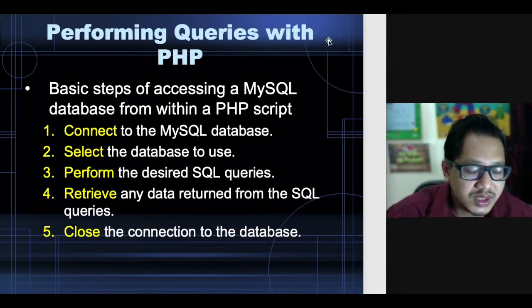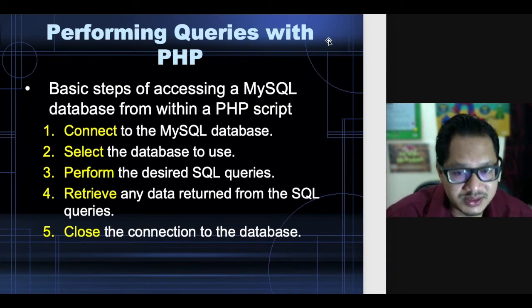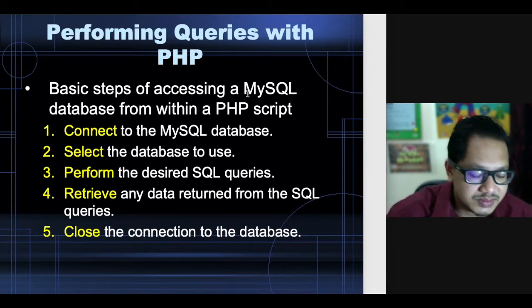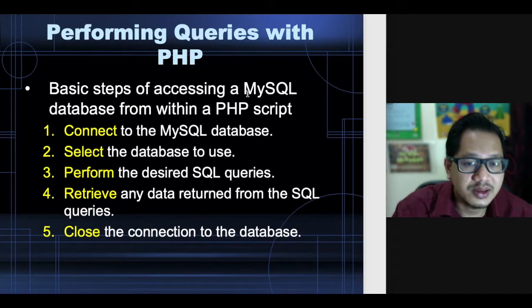Firstly, you need to access your MySQL database from within a PHP script. Okay, you need to access the database first, where you put your XAMPP. Where you put the database, and try to find the path of the database, connect. Okay, put the password. You need to put the username and password for that database.